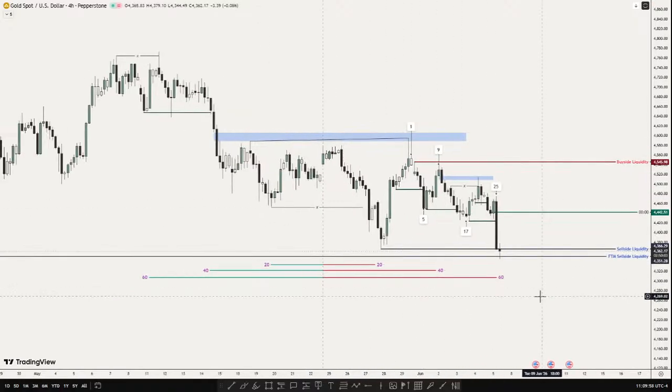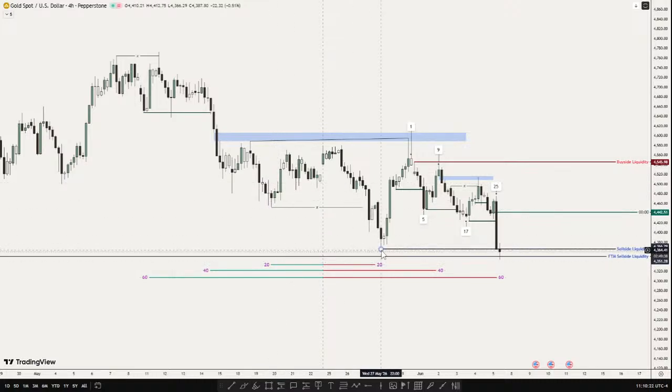So 20 candles ahead, we see price started respecting this liquidity point and created some more failure swings, moved down, took out the sell side liquidity here. Why is this a major sell side liquidity, which is important? Because it is inside this 20 candle interval.